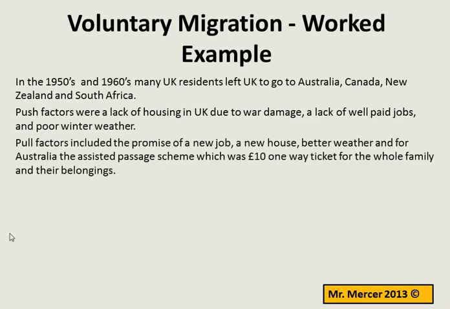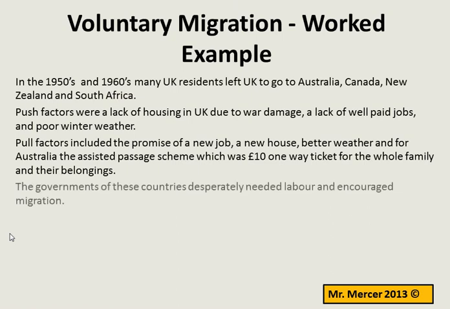Pull factors, promise of new employment, better housing, better weather, and a nice specific case study example. In the instance of Australia, they had the assisted passage scheme, which was a £10 one-way ticket for the whole family and your belongings, to encourage people to move to Australia.